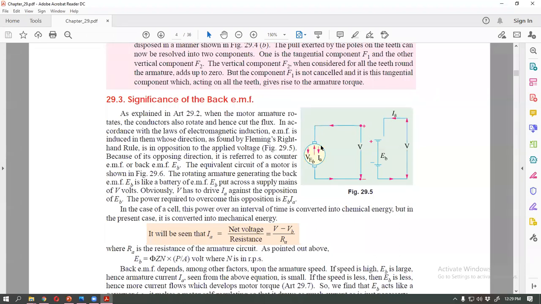If current flows, then this part is active and rotating, and if it rotates, then the generation part is active, because the electrical field is available. So some voltage or power must be developed in this section. This developed power must go through this line, but that is not possible because this is the power supply. So this back EMF acts as a load in this section.